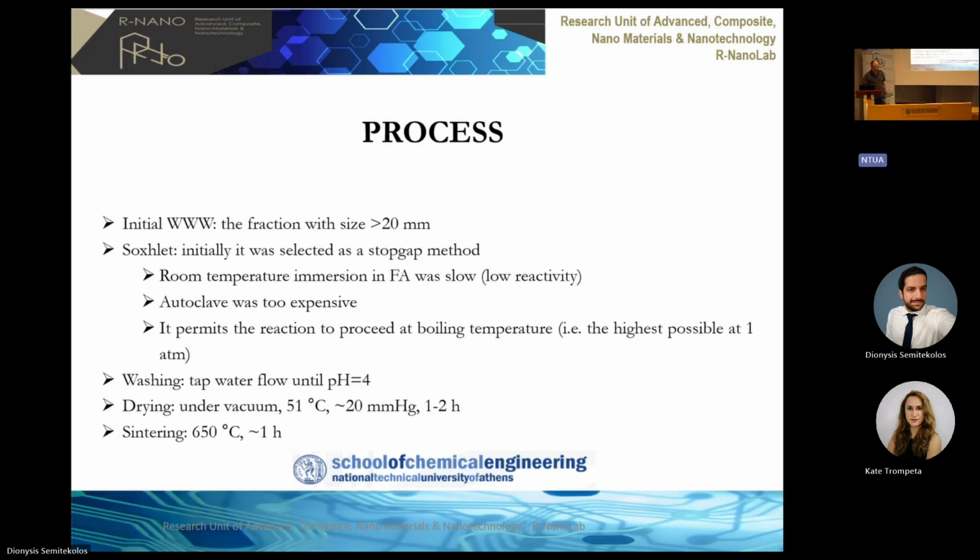And finally, we have sintering, in order to remove the residual carbon material on top of the glass fiber product we had to obtain from the wind blades. It was at 650 degrees, and it doesn't need a lot of time.